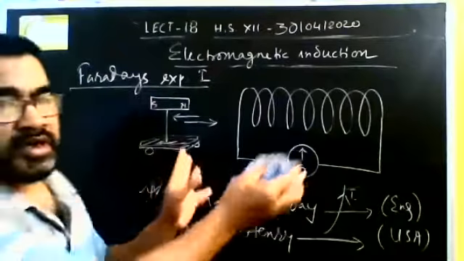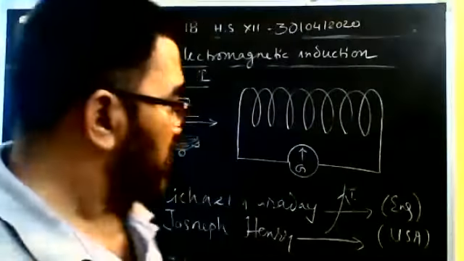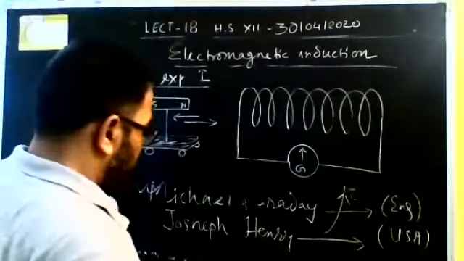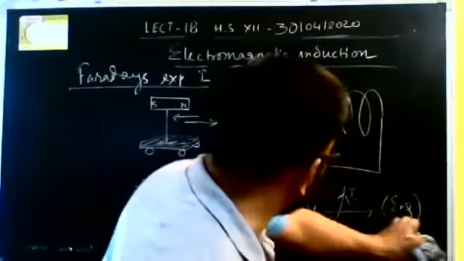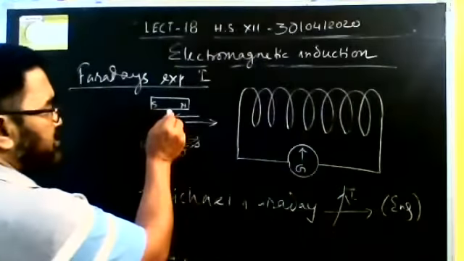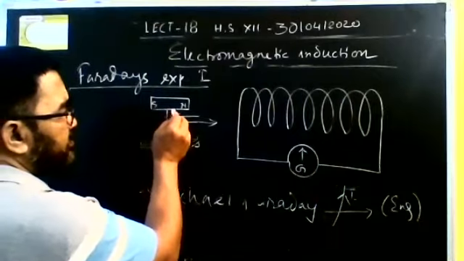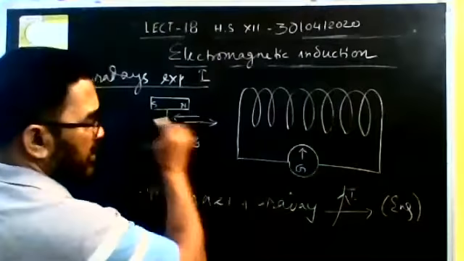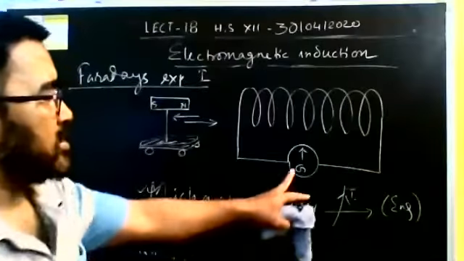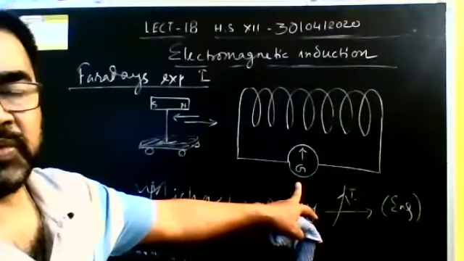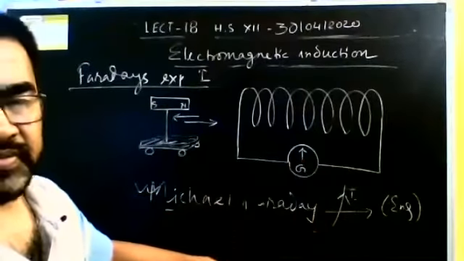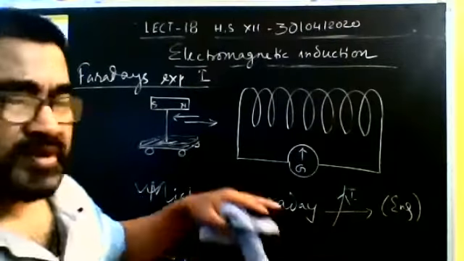So this is the simple arrangement of his first experiment. According to the experiment, if the magnet is moved forward and backward, then the galvanometer will show deflection in both directions. Very simple experiment.